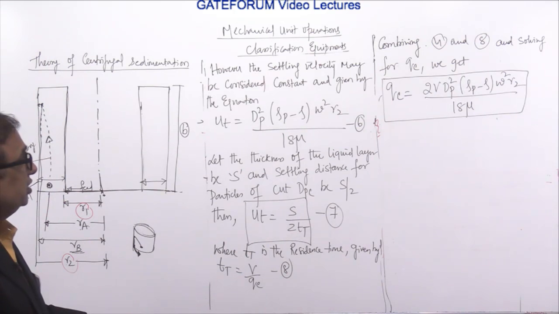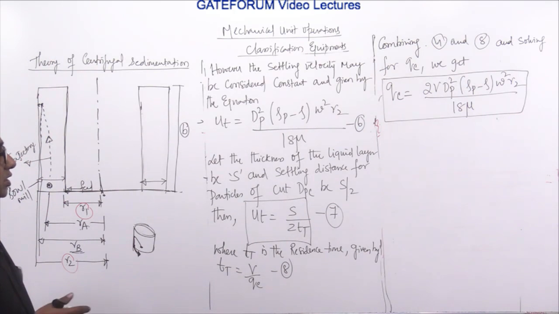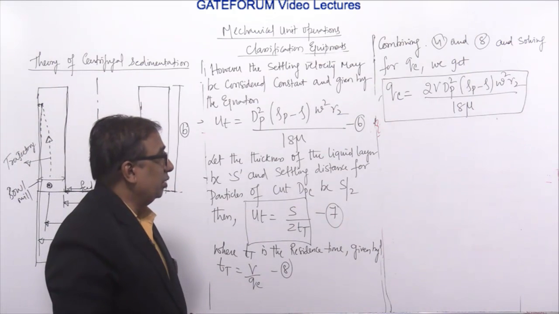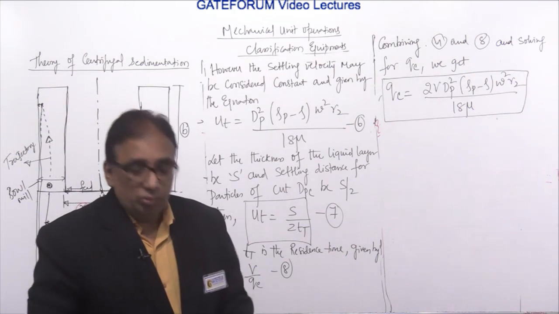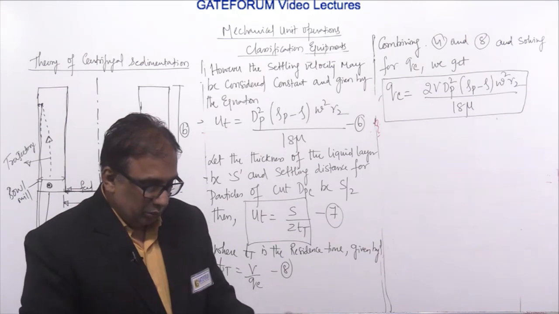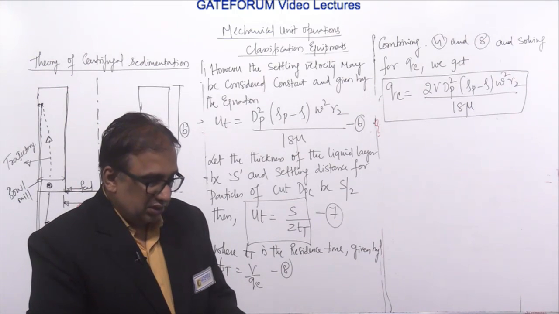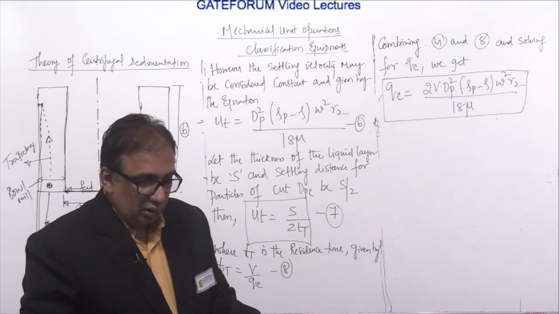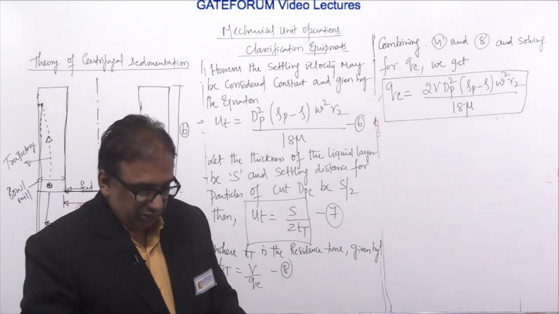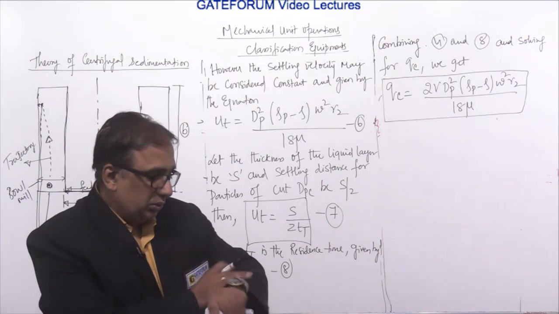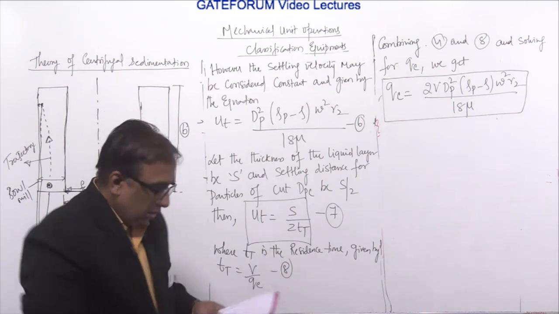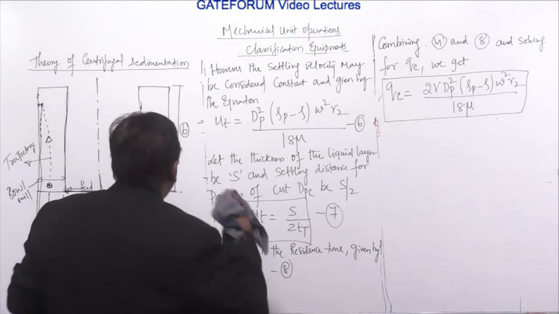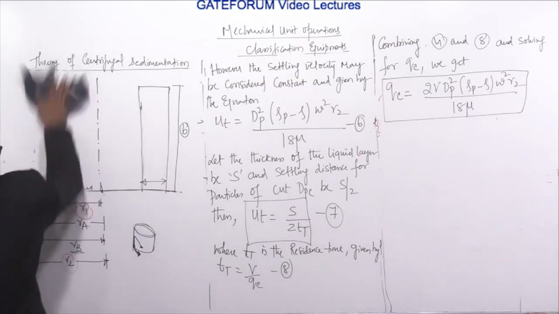Combining 4 and 8 and solving for QC, we get 2V d square p (rho p minus rho) omega square R2 by 18 mu. Okay. So this is the beautiful concept of the bowl centrifuge. Yes. So let us solve the GATE problems on this.